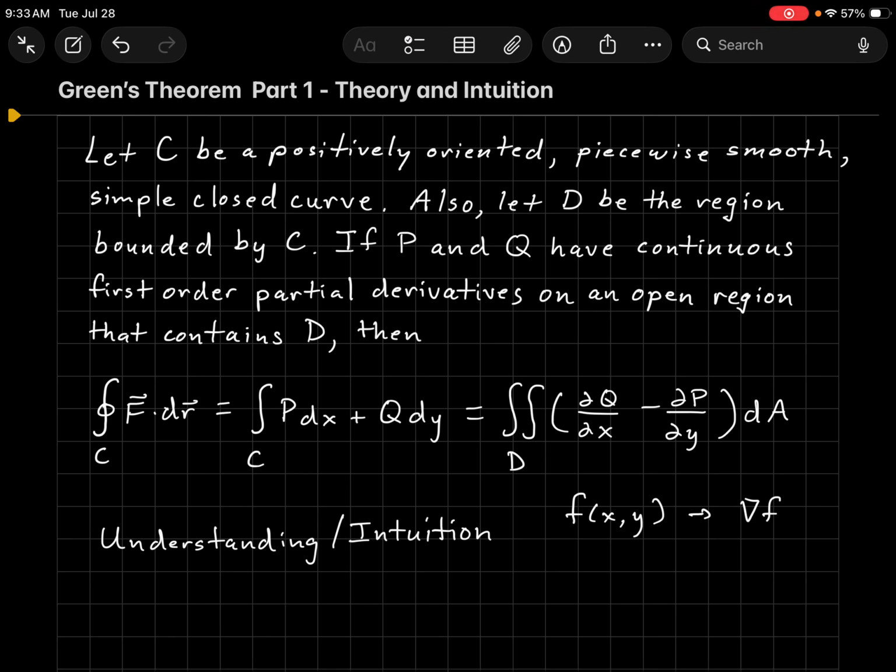So if I have a function of x, y which gives a gradient, which is a particular vector field, we call this type of vector field conservative. And in a vector field such as this, which came from our gradient, we know that the partial of Q with respect to x is going to equal the partial of P with respect to y.